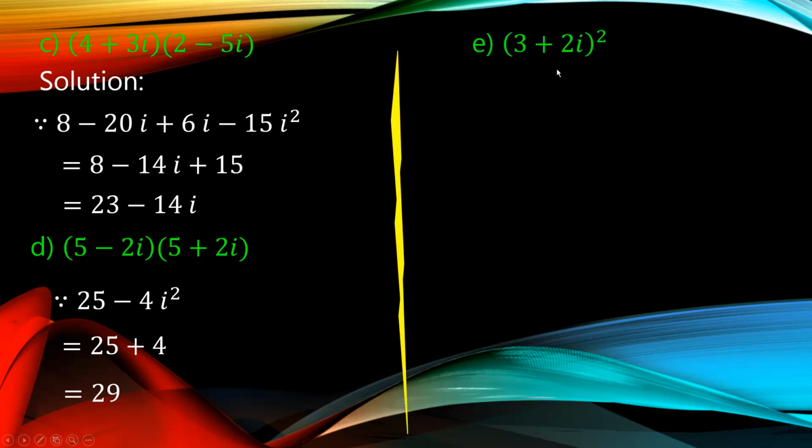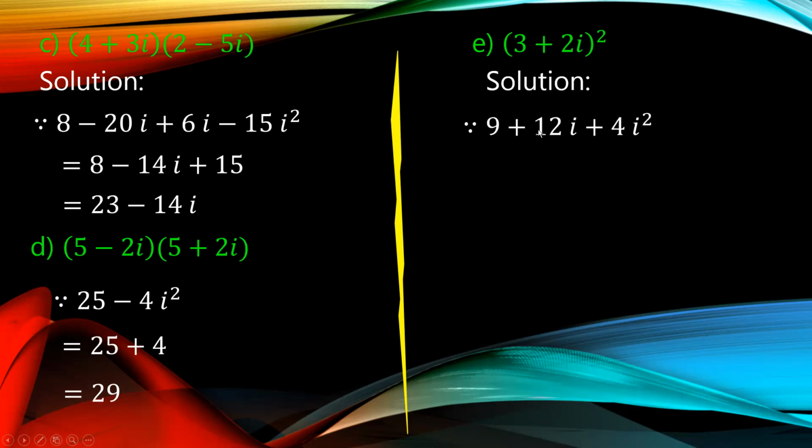Here, perfect square: 3 plus 2i all power 2. I will square the first, square the second, and multiply first by second by 2. Then 3 power 2 equals 9. Square the second term equals 4i power 2, and multiply first by second by 2: 3 times 2i times 2 equals 12i.